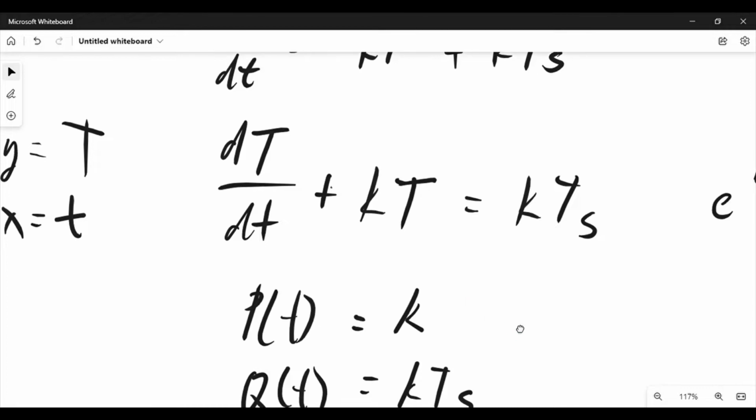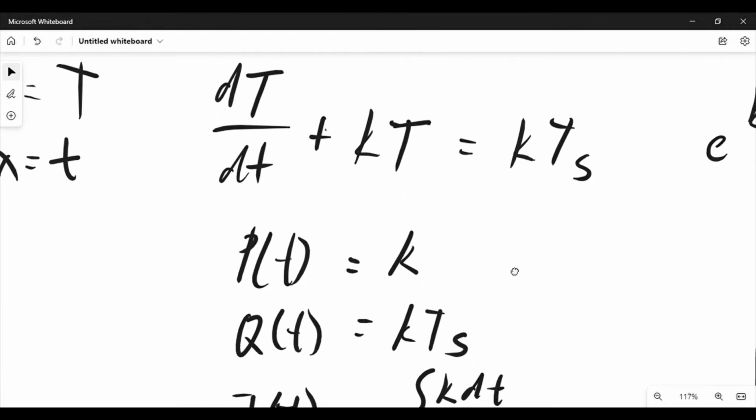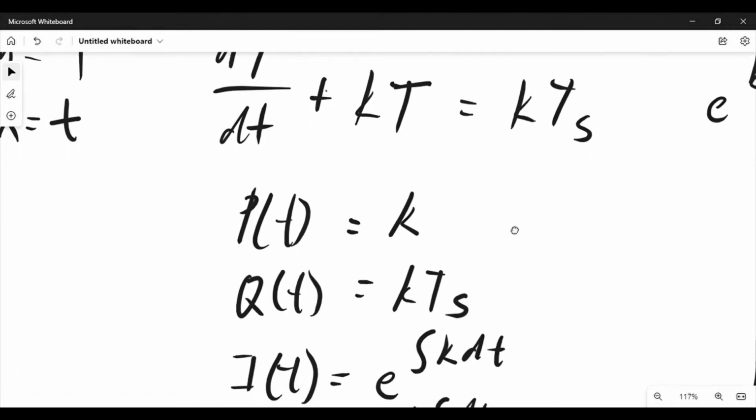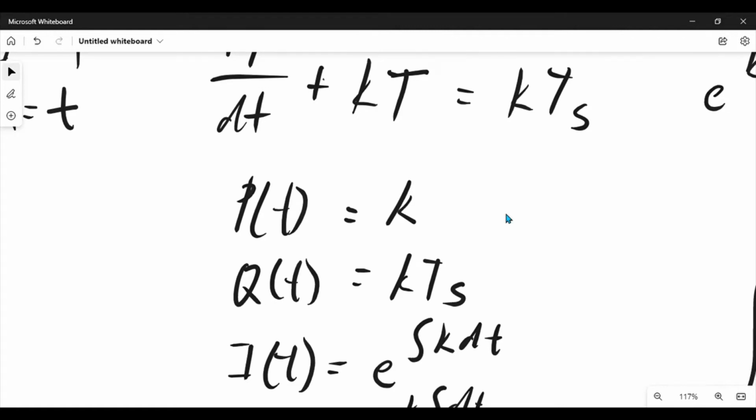And recall that in solving a first order linear differential equation, we are actually looking for p of x and q of x, and your p of x is used in solving the integrating factor.